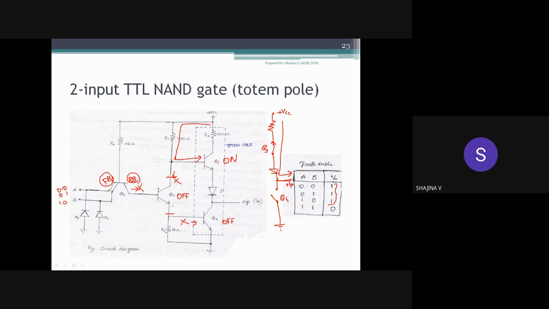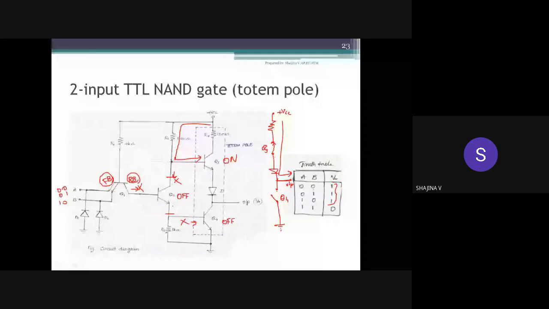Q2 off means there will be an open path here, and there will not be any current flow to the base of Q4, and Q4 also turns off, and the supply voltage is completely available, so all the current flows to the base of the transistor Q3, so it will turn on.